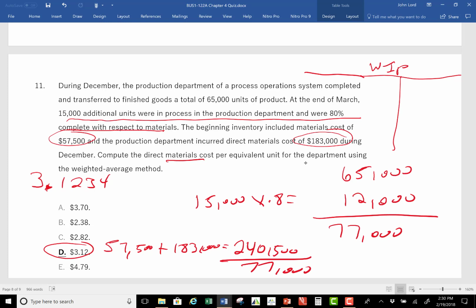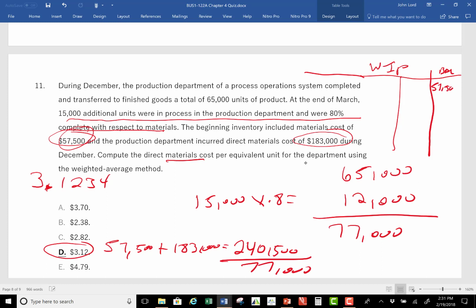Okay, so what's the beginning balance? 57,500.